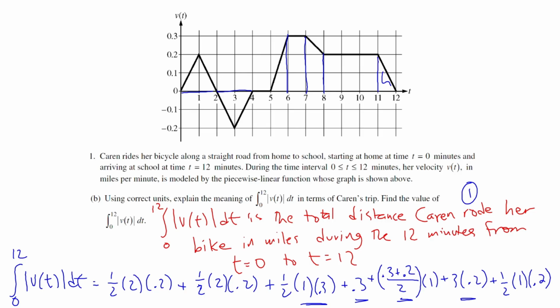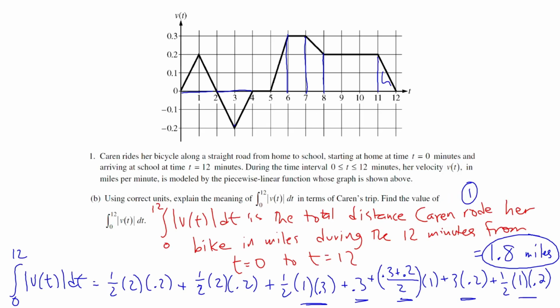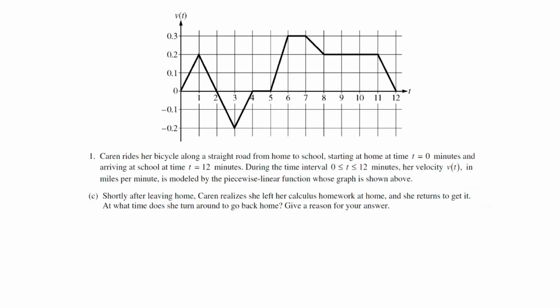And this is going to make it 1.7, and this will make it 1.8. So looks like 1.8 miles was her total distance traveled to get to school, including a little section where she went backwards, which I think we're going to talk about here in part C. So in part C, they gave you a point here at the end just for getting that answer. So 2 points for part B.